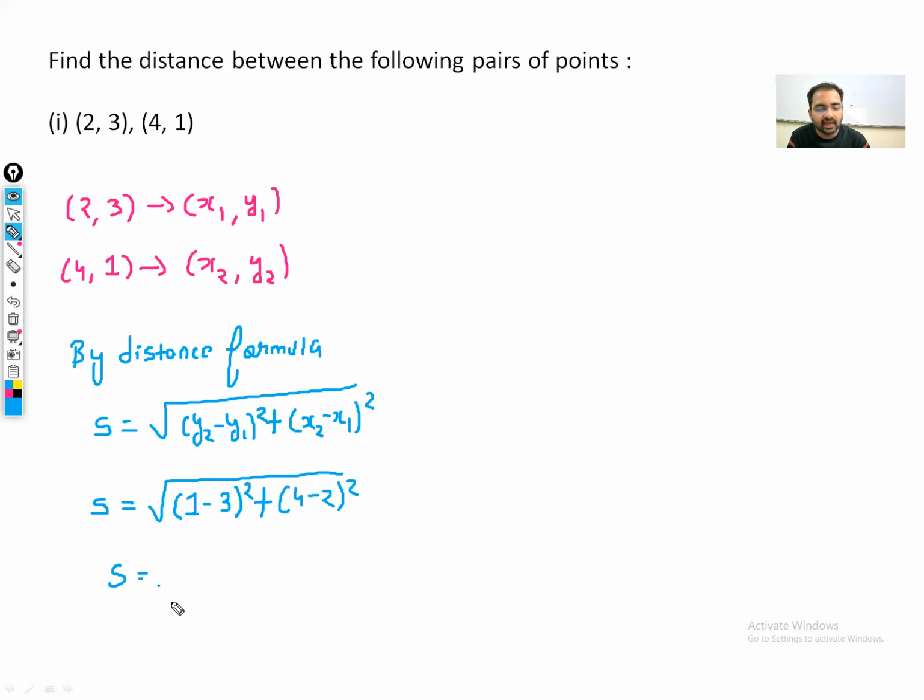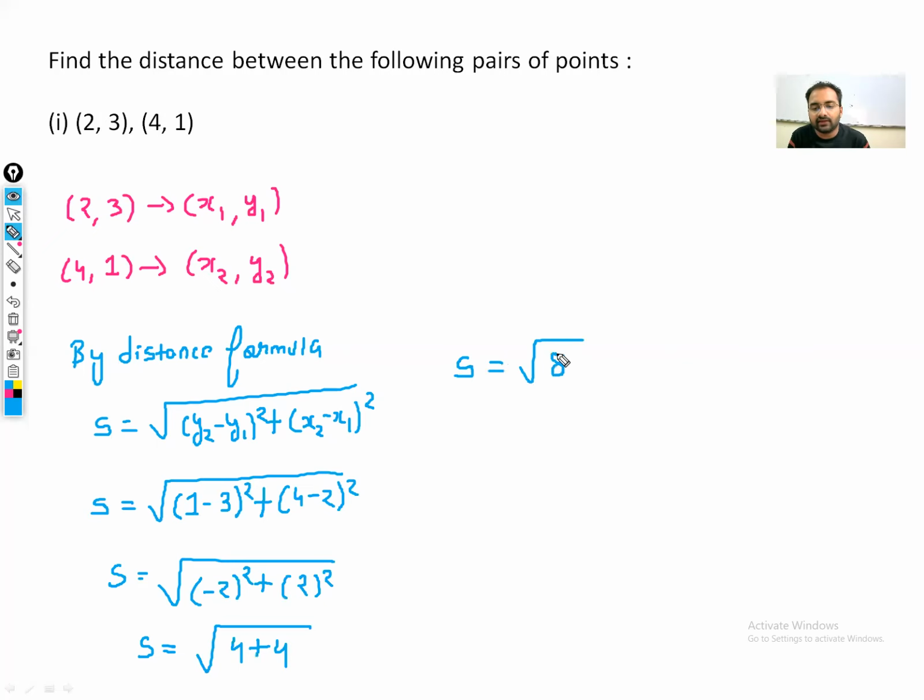So s is nothing but the square root of 1 minus 3, which is minus 2, squared, plus 4 minus 2, which is 2, squared. As you already know, the square of a negative number becomes positive. So 2 squared is 4, plus 2 squared is 4. So s comes out to be the square root of 4 plus 4, that is 8.